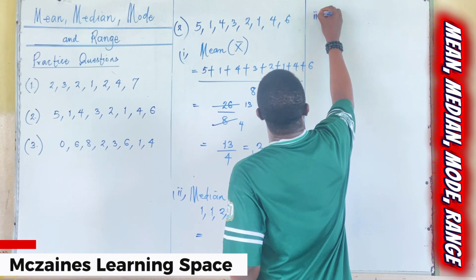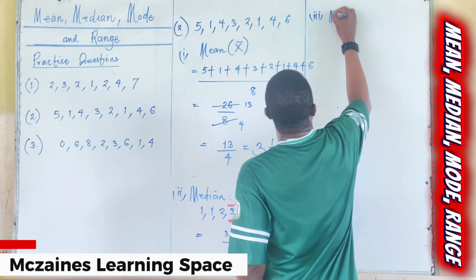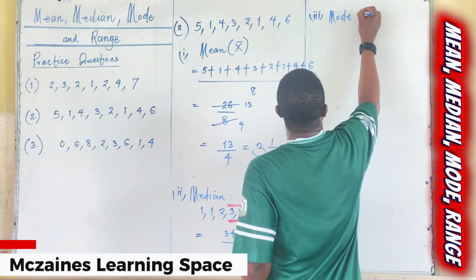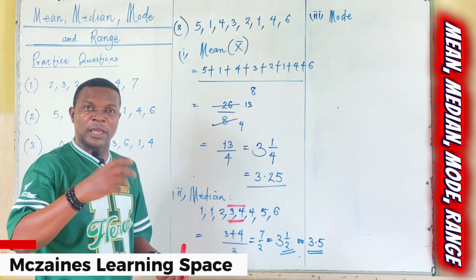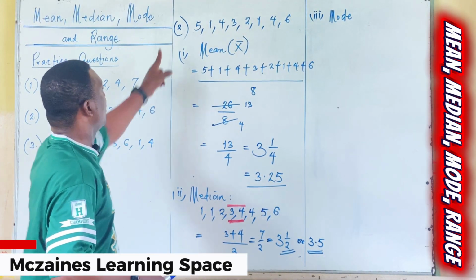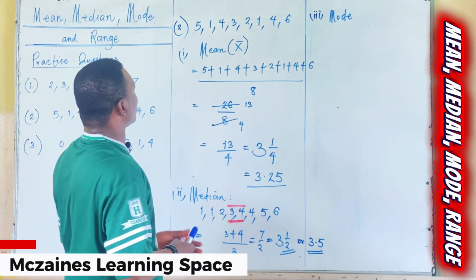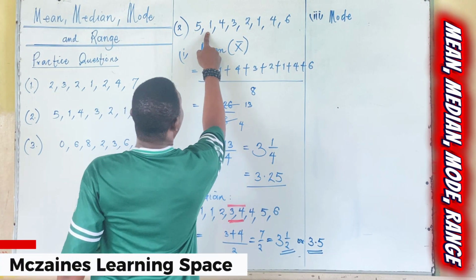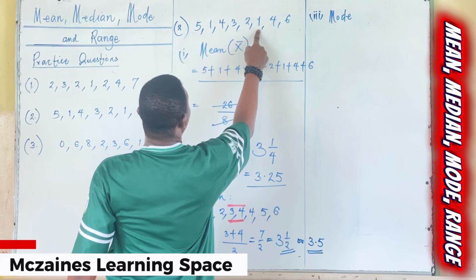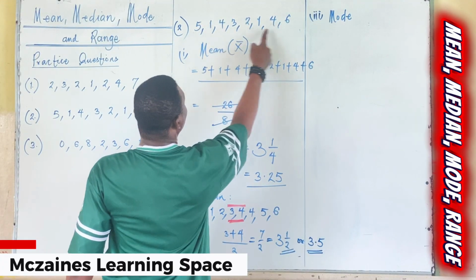What is mode? Mode means the number that occurs most, the number with the highest frequency, or the number that has the highest appearances. So from here, which number occurs most? Let's go. 1 occurs 2 times. 4 equally occurs 2 times.